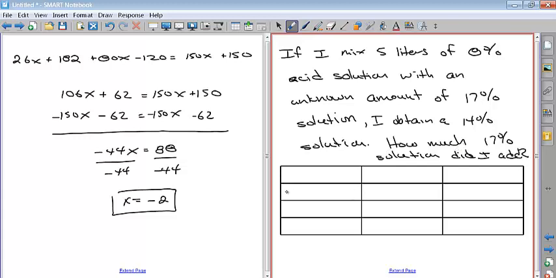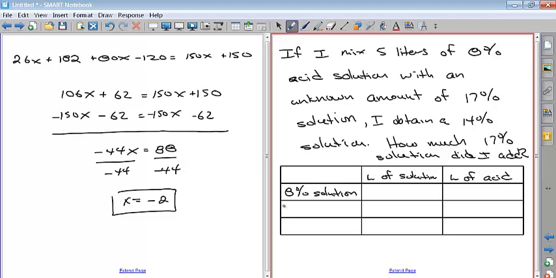So you put the low concentration solution here, the 8% solution. What we have is liters of solution and liters of acid.